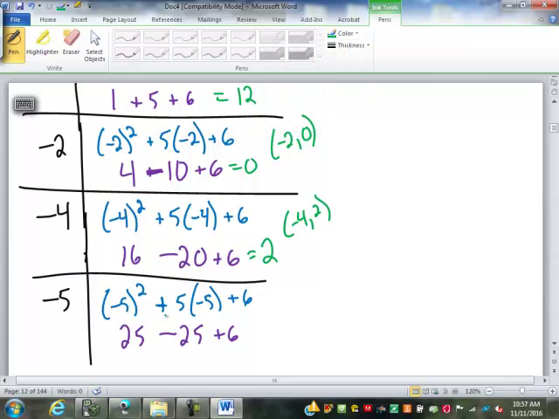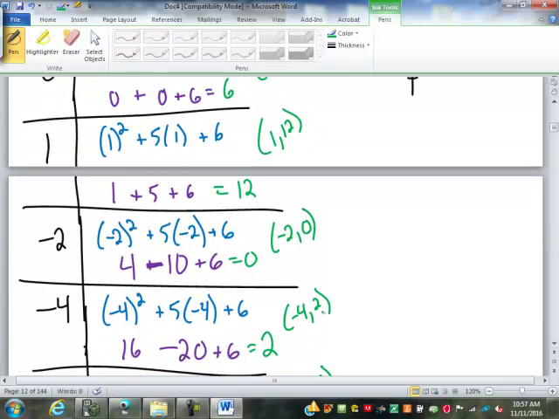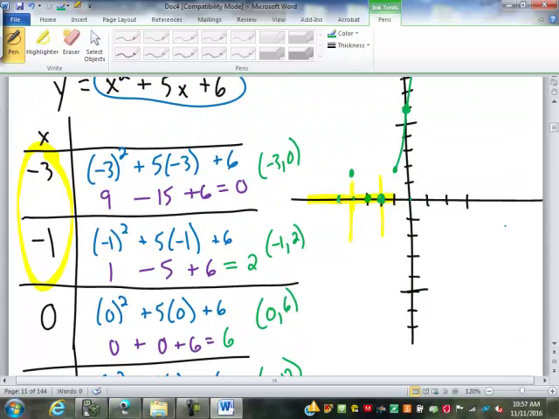But of course, 25 minus 25 is 0 plus 6 is 6. So when x is negative 5, y is 6. So negative 5 and 6. Now it's becoming more apparent that our graph looks something like this. So picking those points and plotting them on the graph is not a guarantee that you're going to get the shape. You'll have to pick more points to figure out what that shape is.